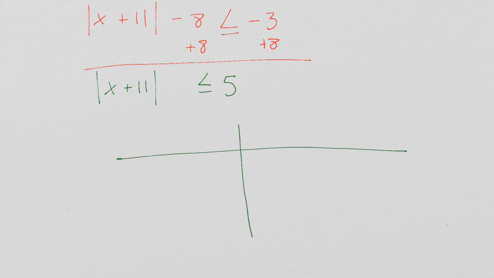So now I'm all ready to solve my two versions. One version is x plus 11 is less than or equal to 5. And the other version is x plus 11 is greater than or equal to -5. Now everything's the same.